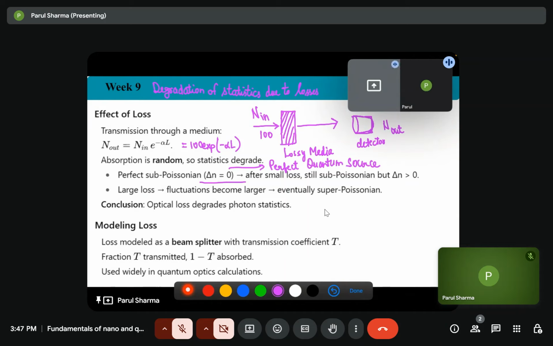But after providing a small loss, the statistics are still sub-Poissonian, but delta n will not be equal to zero.